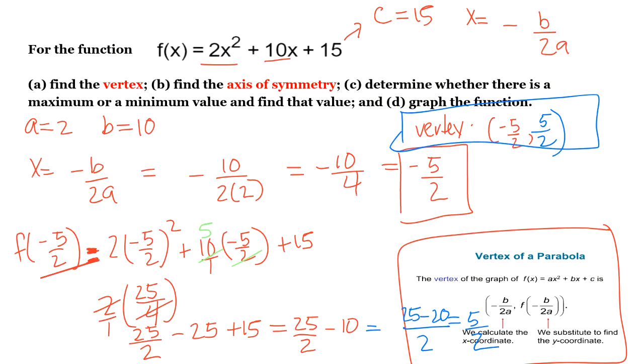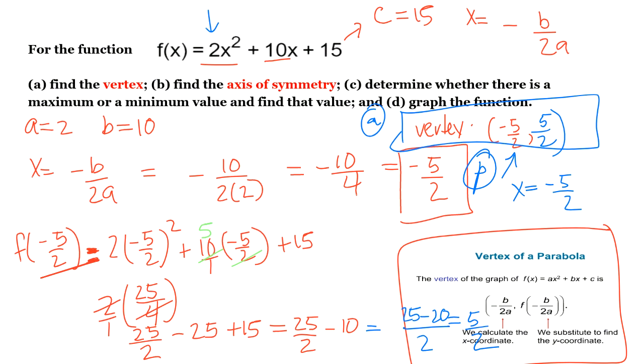So that's your vertex. And then your axis of symmetry is the x coordinate of the vertex. And here we know that the parabola is going to open upward because we don't have a negative in front of the function.